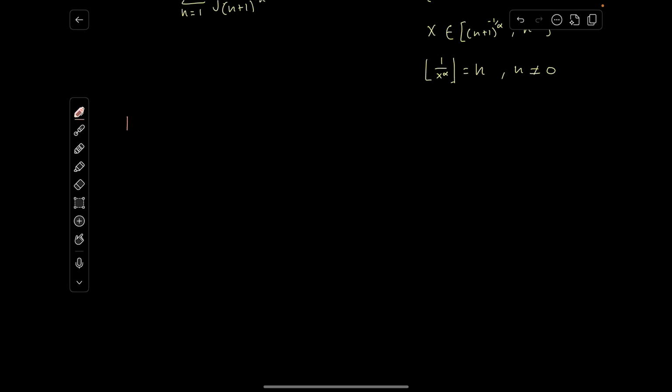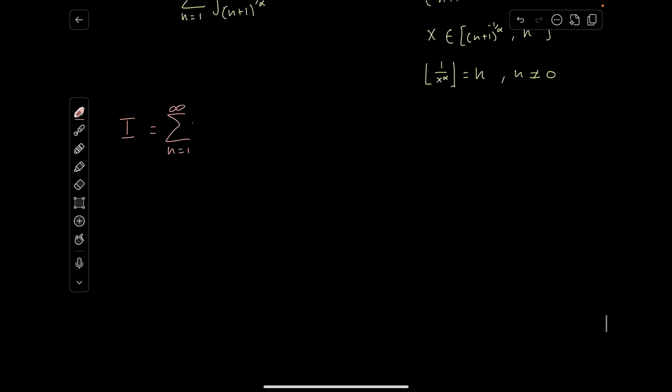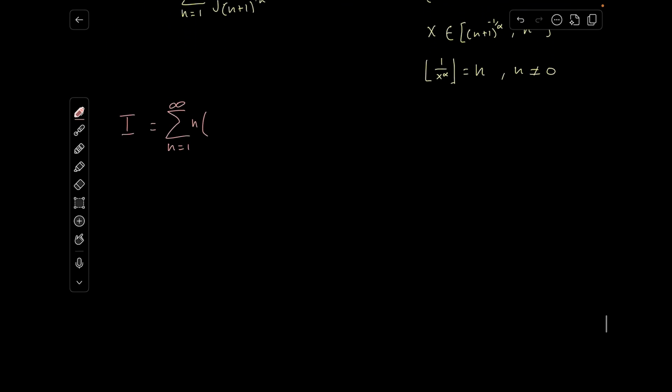So we have I is equal to the sum from n equals 1 to infinity of n times 1 over n to the 1 over alpha minus 1 over n plus 1 to the 1 over alpha.